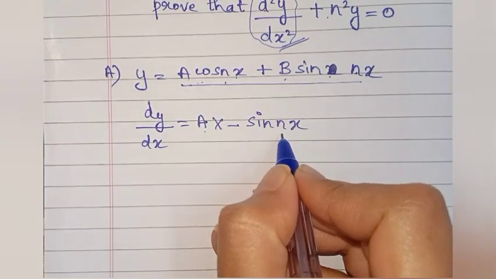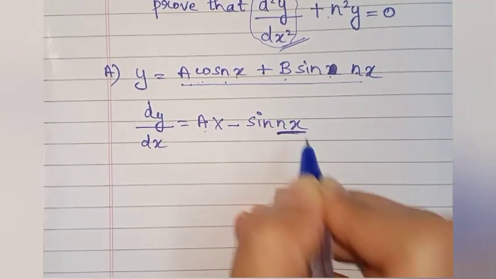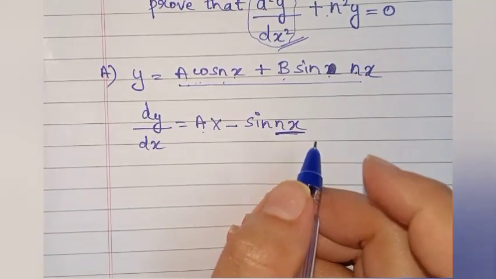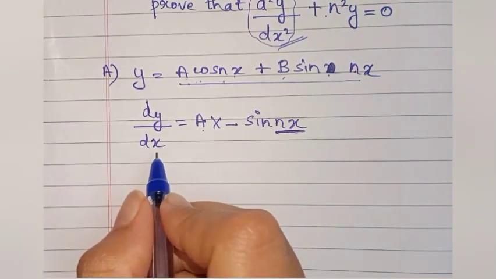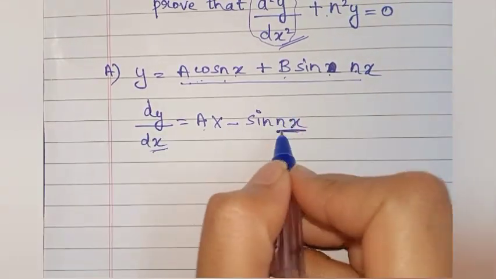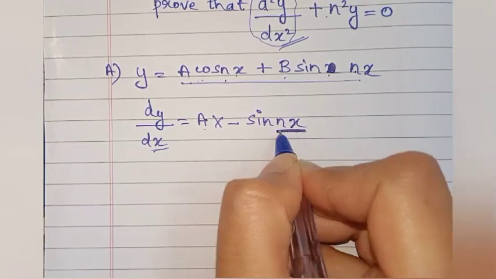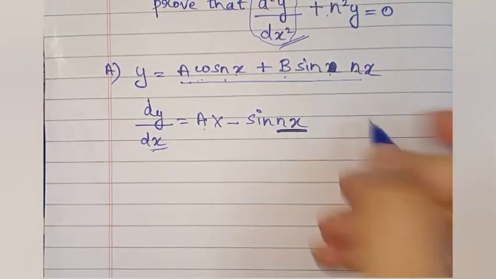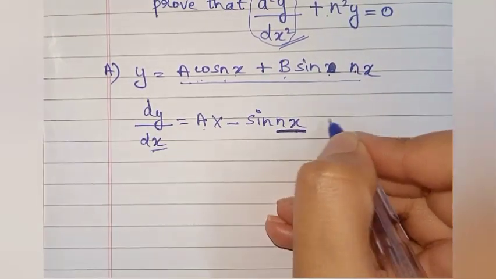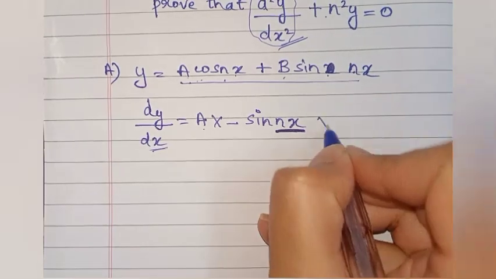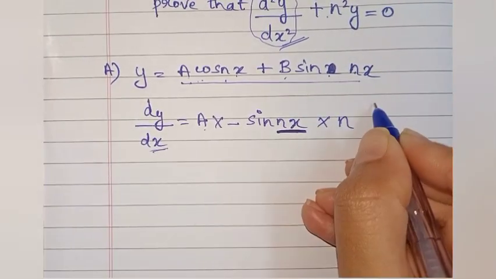Here the term is nx, so we have to differentiate that nx once again, so we will get n itself.